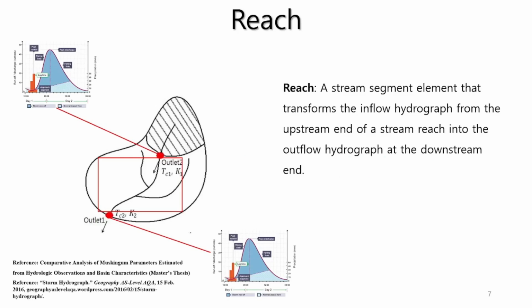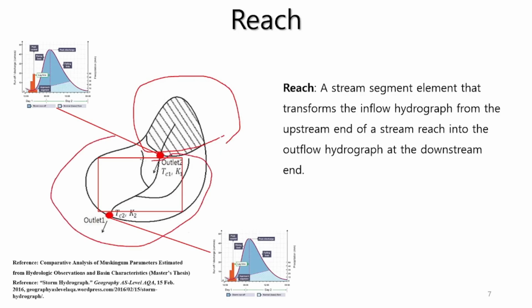If we look at these two subbasins, there's one subbasin up here and another subbasin down here, right? When we say reach is a stream segment element that transforms the inflow hydrograph, at the outlet point of this upper subbasin we have a discharge hydrograph.